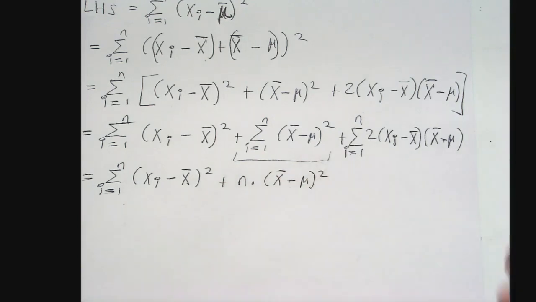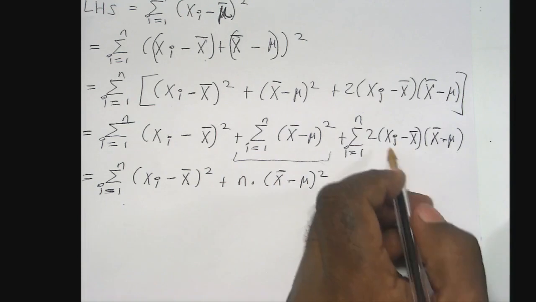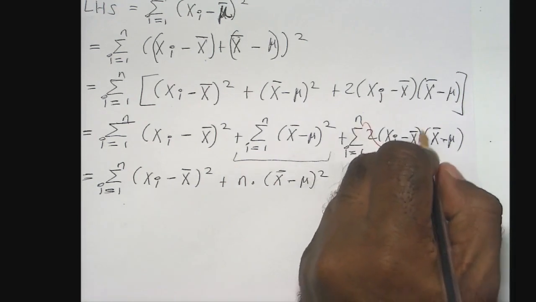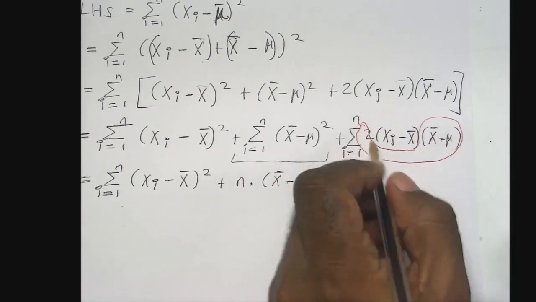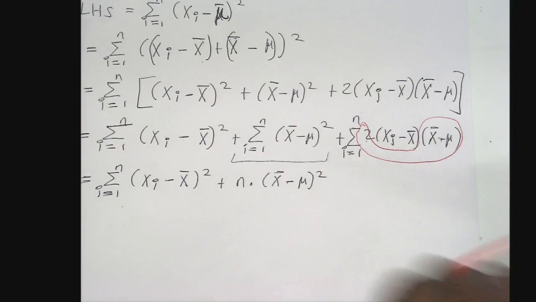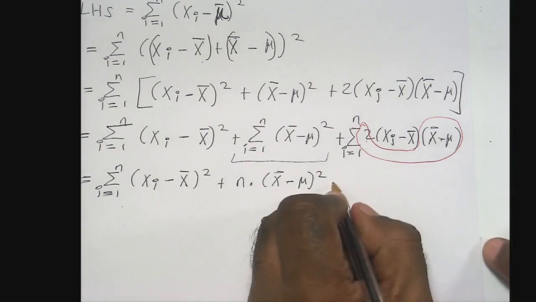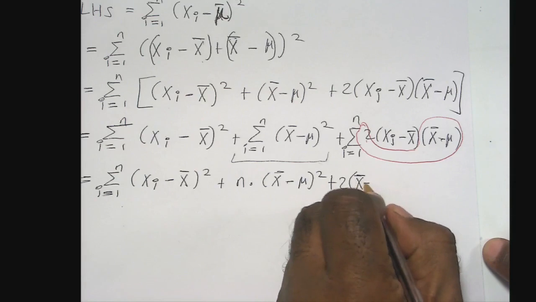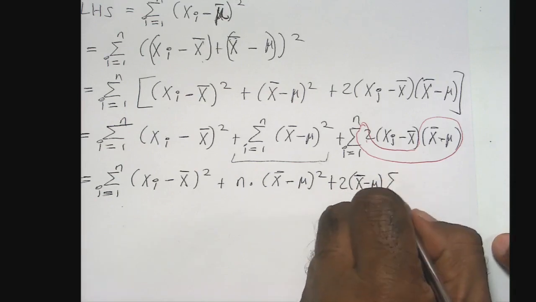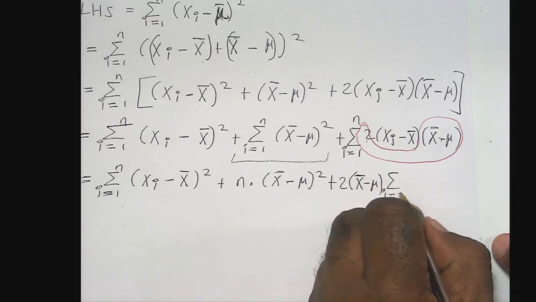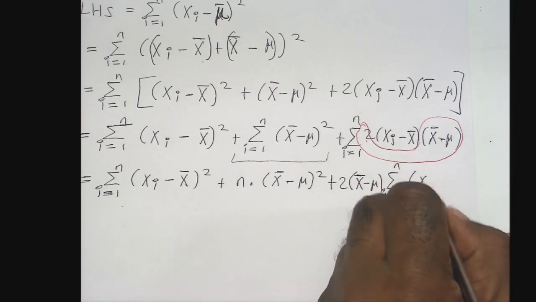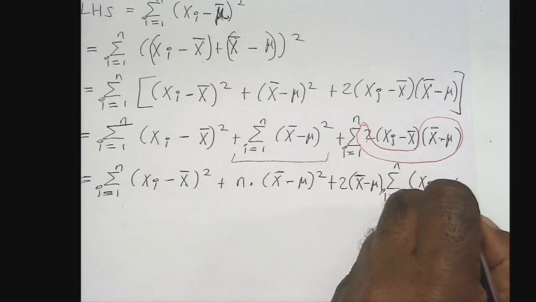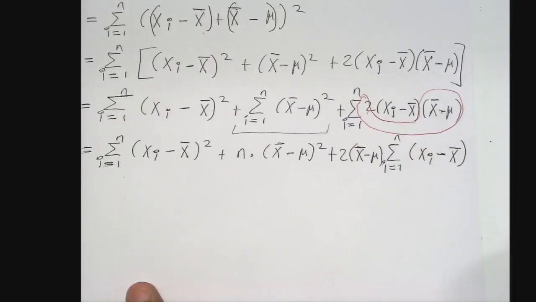Now, over here, guys, this guy and this guy are both constants. The 2 is a constant, x bar minus mu is a constant. So you can pull them outside, and inside the sum you have xi minus x bar.